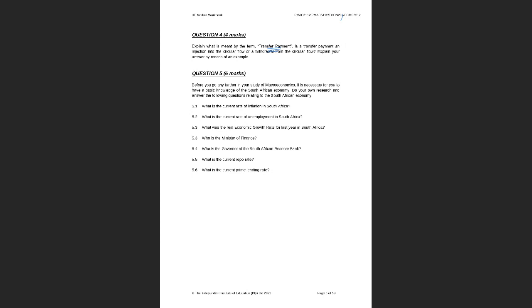So it's transferring from one person to another. When it makes that initial transfer, it's actually a withdrawal. When it, however, is paid towards people, it then becomes an injection.